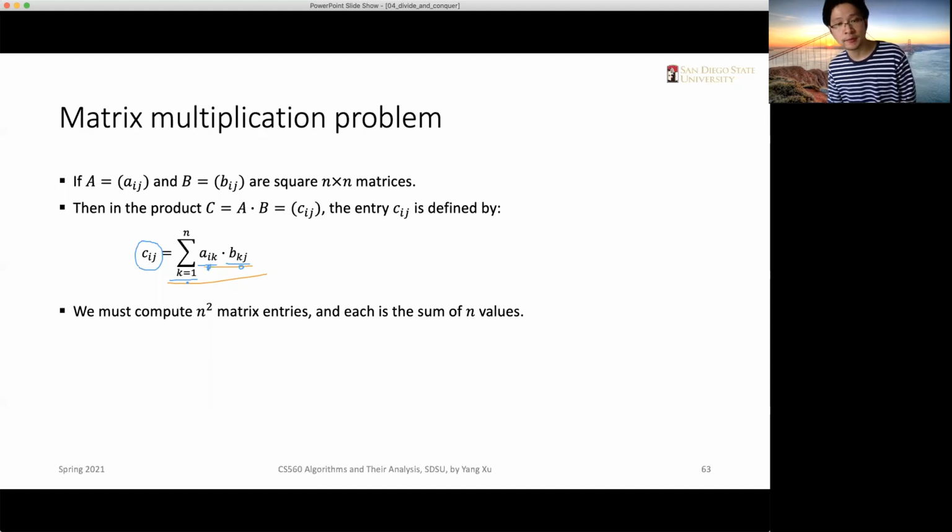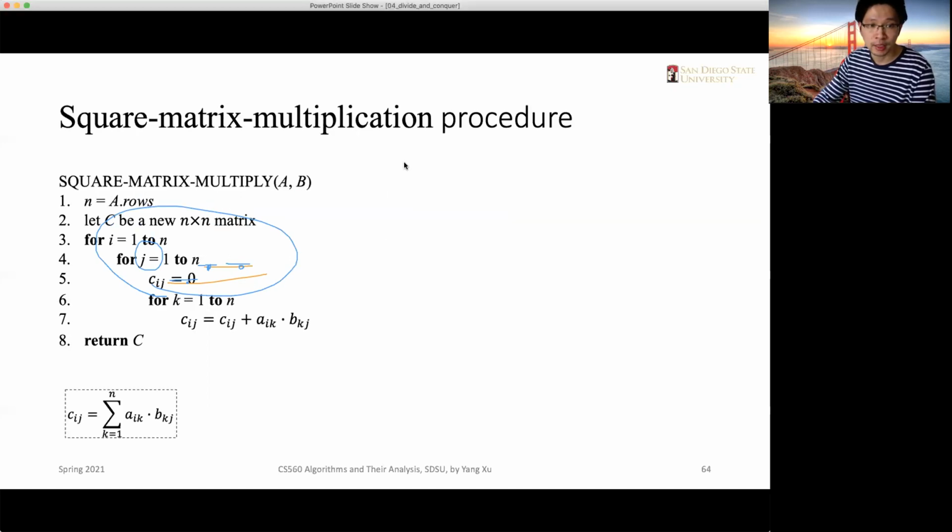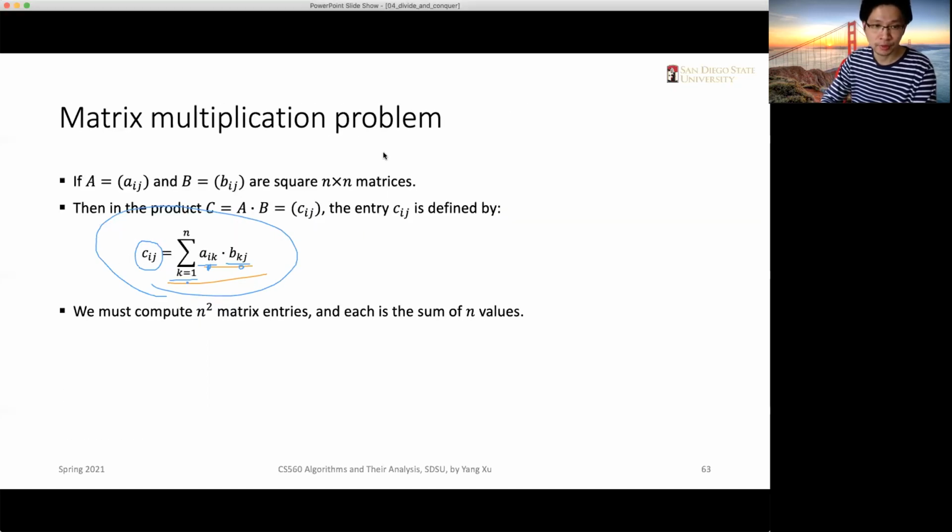And in order to compute each element, we need to do this summation of n values. Okay, so intuitively, it's a lot of computation in order to compute the matrix product, matrix multiplication.